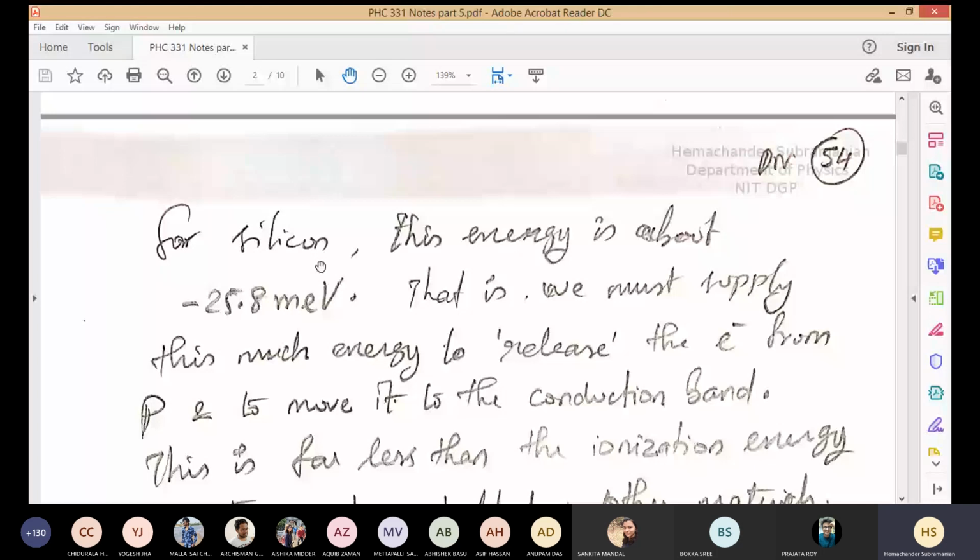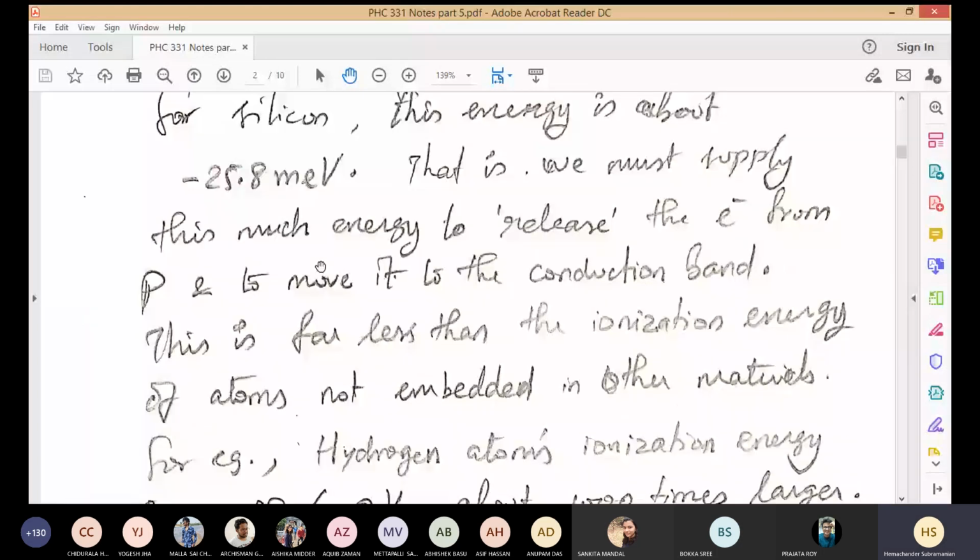Your impurities become ionized, and the behavior of your semiconductor from then on is going to be extrinsic. And when you go to much higher temperatures, the semiconductor becomes intrinsic again. We'll talk about that later.